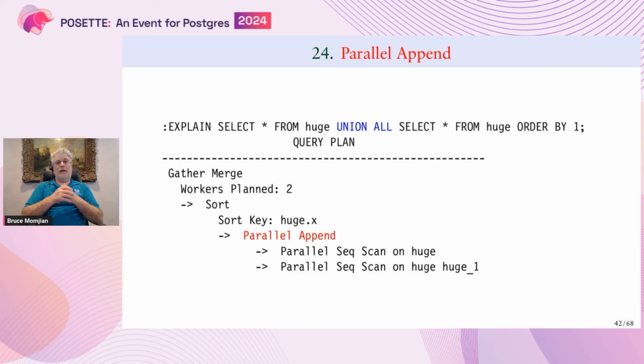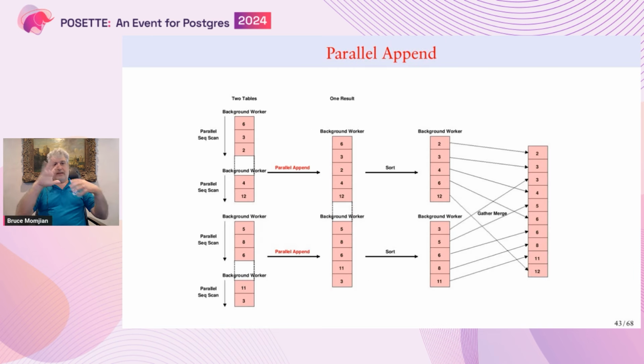Parallel append. This is very similar to the merge append, where we're just appending results. Here we have a huge table, union all with a huge table. We just want to append the one huge table to the other. And again, this diagram is a little bit crazy, but we actually have four parallel sequential scans going on because we have two tables.